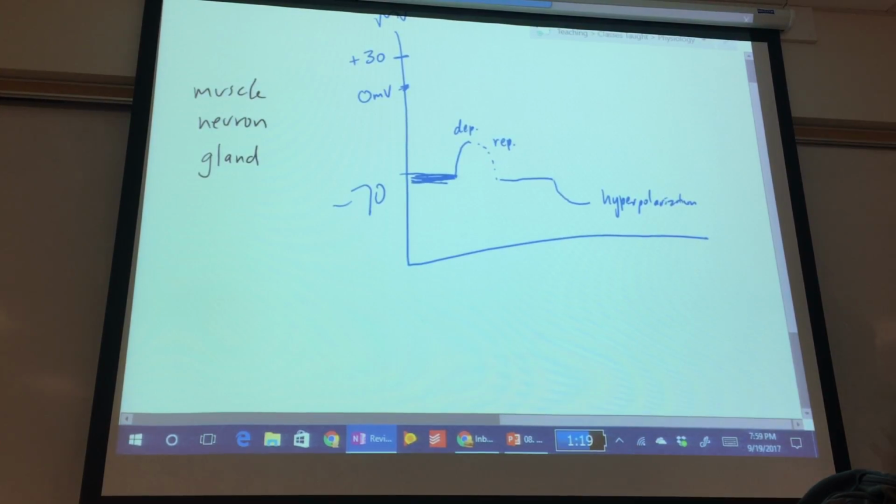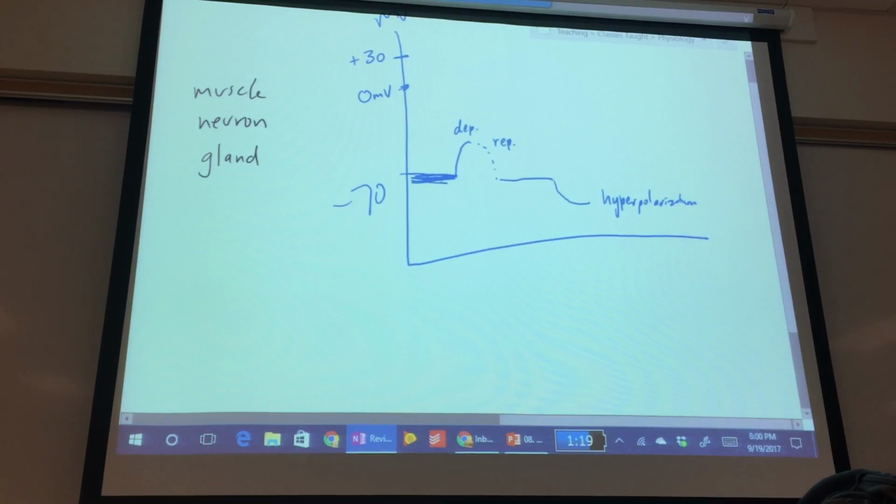So now that we've defined the terms, what we want to do next is take a look at the changes, the ions that would result in those changes. So group in the back. What would cause a depolarization? What would cause it to become depolarized, meaning making it more positive on the inside of the cell? What ion would cause depolarization?